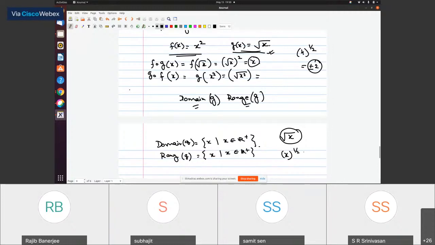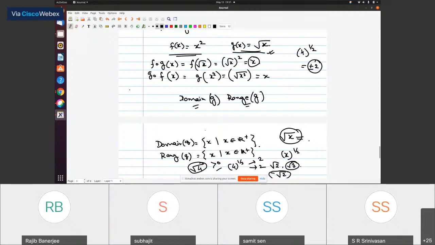Root 2, root 3 are numbers, and minus root 2 is a negative number. But when I say 4 power half, this can be plus 2 or minus 2, while root 4 is always a positive number. So here it is nothing but x.